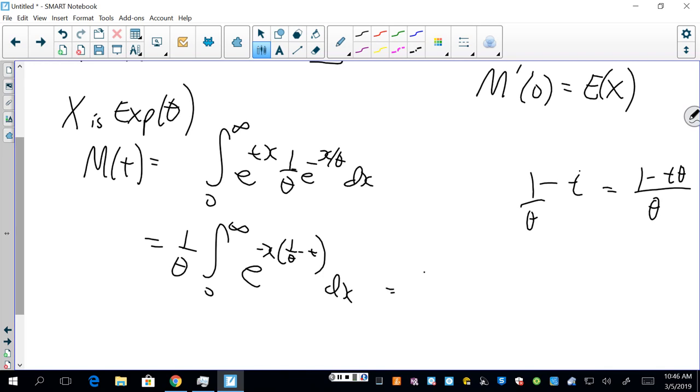The integral of this thing, you're going to get the multiplier out front. I guess you need a negative. Right, so this is 1 minus t theta. We need 1 over that thing, right?